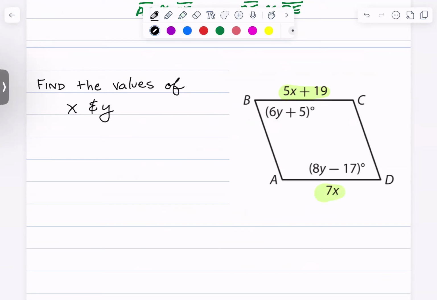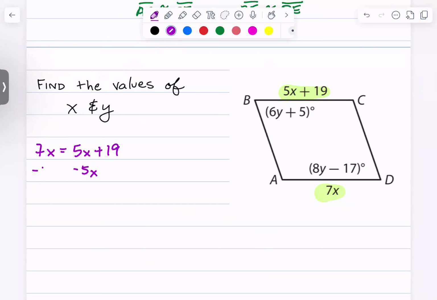What do we know about opposite sides? They're congruent to each other. So all we do, class, is we're going to go 7x equals 5x plus 19. Set them equal to each other because the side lengths are equal to each other, right? And then do some basic algebra.